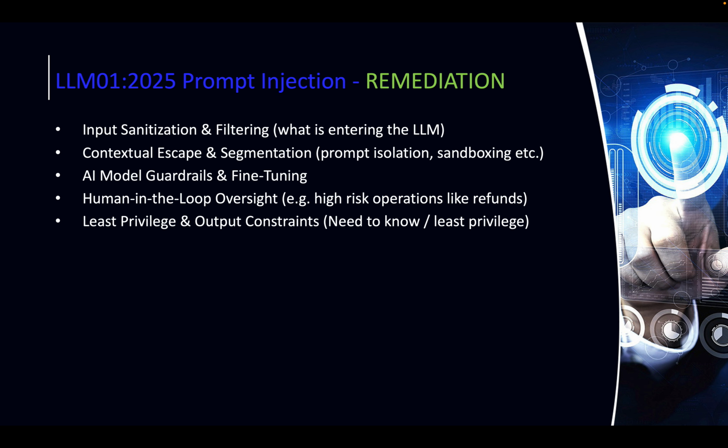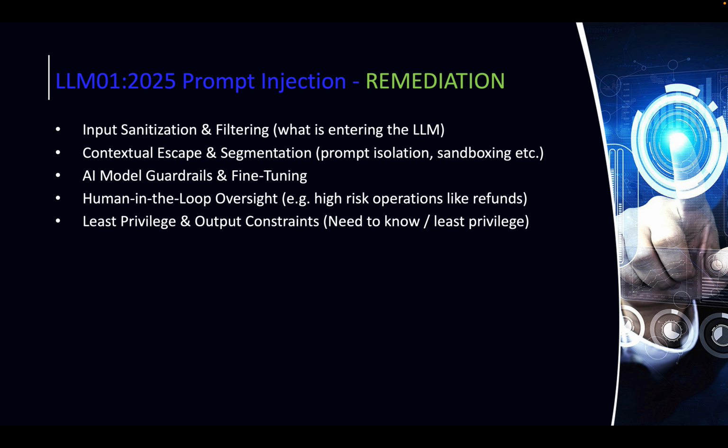One of those things which springs to mind is don't make the prompt in certain applications user controllable. Like if there's a summarization bot, for example, and the user is only supposed to click to summarize something, then that API call or the prompt should not be user controllable. That should then be on the backend side, right? For example. You should do contextual escaping and segmentation.